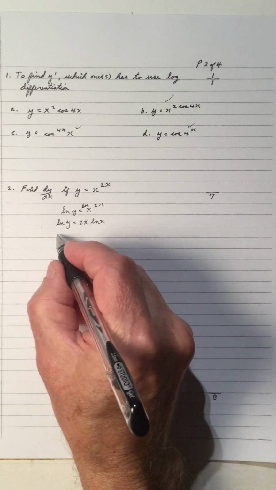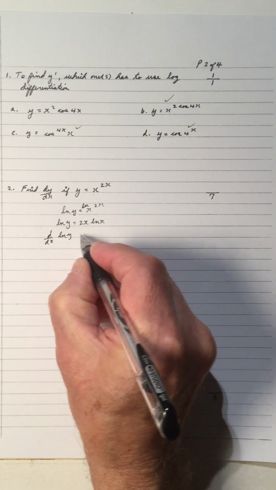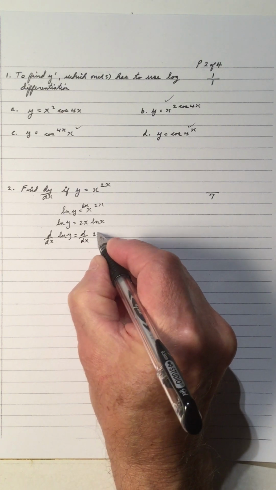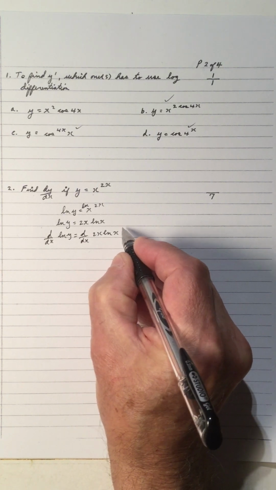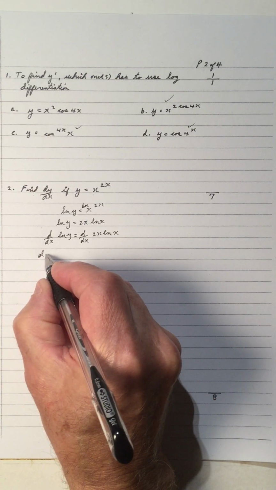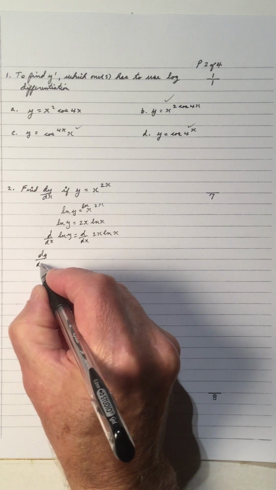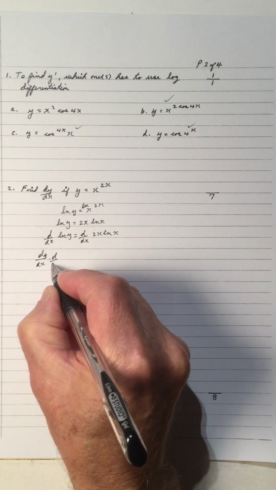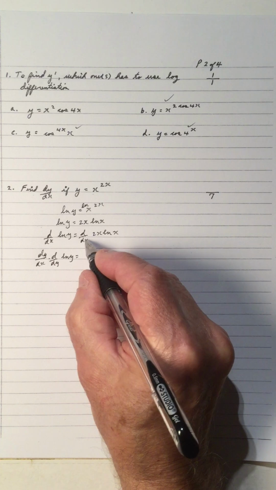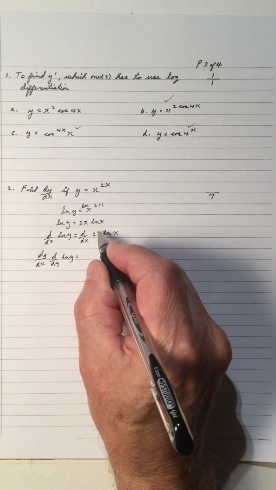So now we'll do d/dx on each side, the derivative in terms of x, d/dx of 2x ln x. And because that's a product, let's do this side first. We have d/dx of ln y. And we have d/dx here, so this is a product of two functions, f and g.